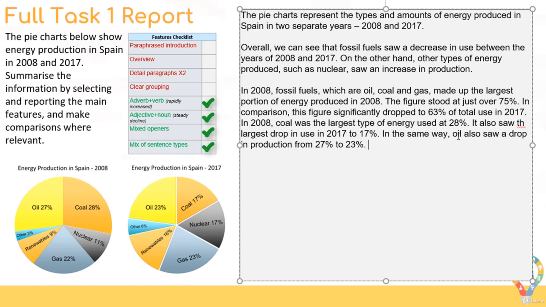And I want to show a difference in the trend here, because gas as a fossil fuel actually increased. On the other hand, and I'm really organizing my language now, gas slightly rose by 1% in use. That's fine. I'm not going to give specific dates. On the other hand, gas slightly rose by 1% in use.